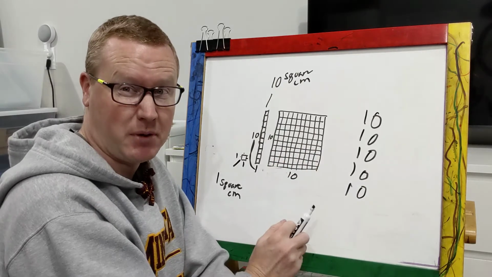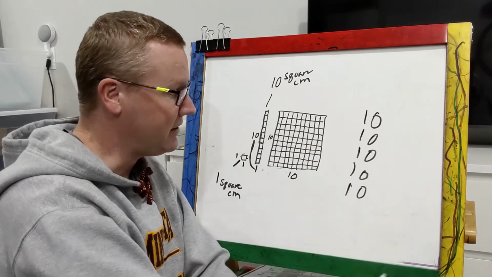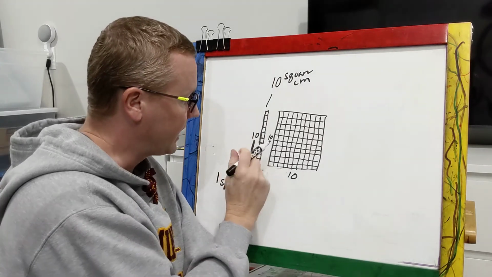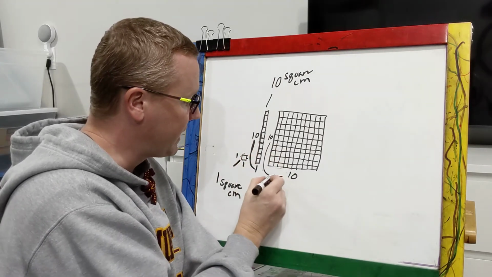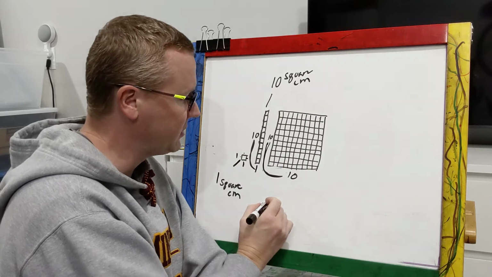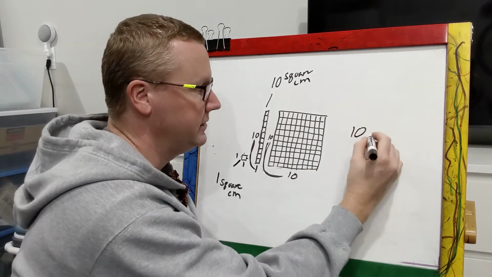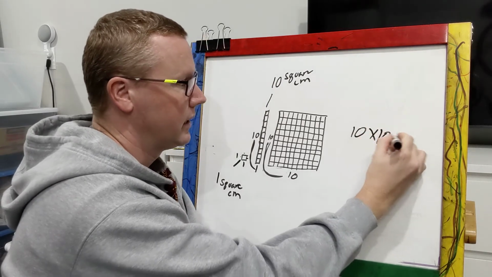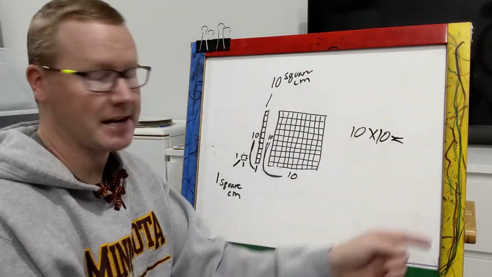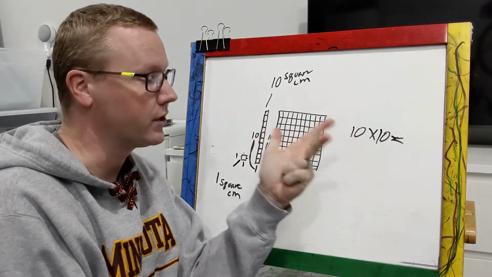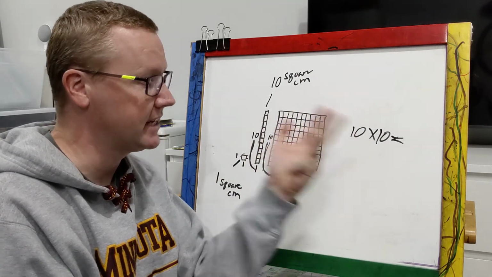It's better than counting them all by ones. But another thing you can do is use your dimensions or your factors here to multiply. 10 groups of 10. 10 times 10 equals, and you can either add them all up again if you want, or you can count by tens 10 times: 10, 20, 30, 40, 50, 60, 70, 80, 90, 100.